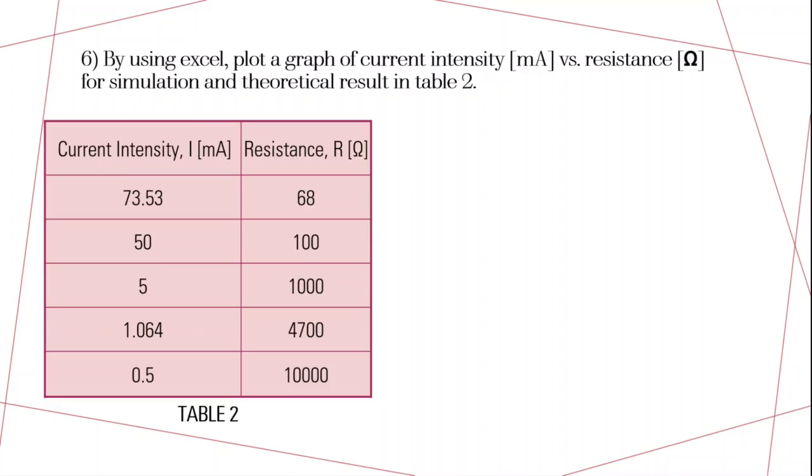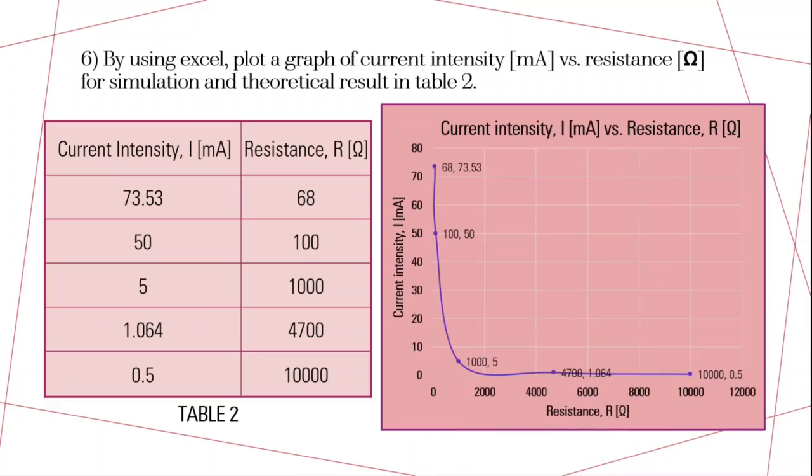We copy the table into Excel, with the y-axis as current intensity I and the x-axis as resistance. We should get an inversely proportional graph, which satisfies Ohm's law formula, V equals IR, where I equals V over R, so I is inversely proportional to R.